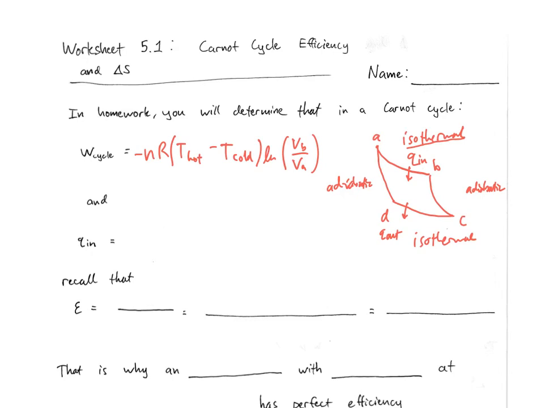The T hot and T cold refer to the temperatures of the hot and cold reservoirs of the engine, and VB and VA refer to the volumes at positions B and A. And the amount of heat that comes into the system is going to be equal to nR T hot times the log VB over VA.